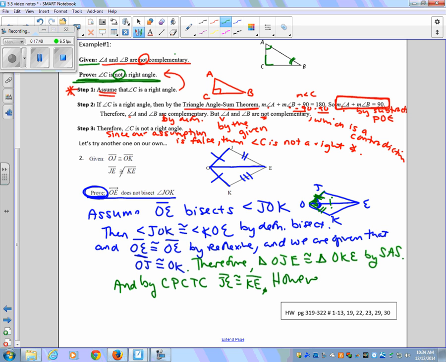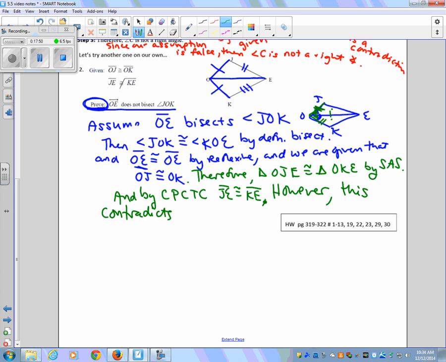However, this is where the contradiction comes in. This contradicts our given that JE is not congruent to KE.